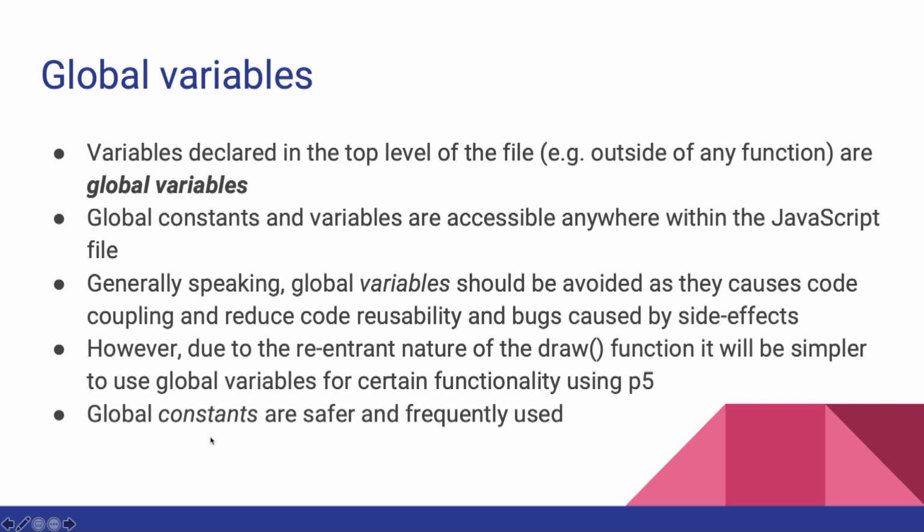Now, global constants, they still cause some of this coupling, but it's not particularly unsafe. So in my programs, I try and have as few global variables as I possibly can, but I don't mind having plenty of global constants.